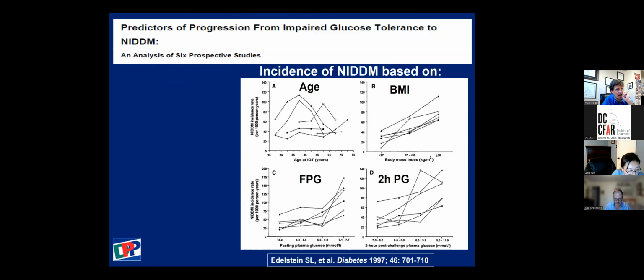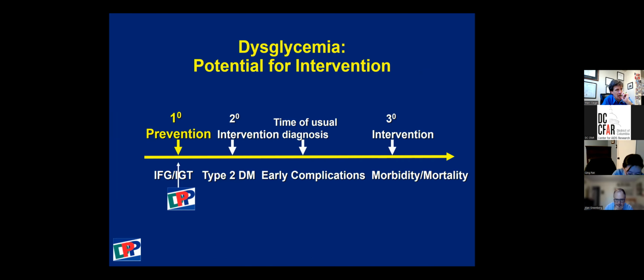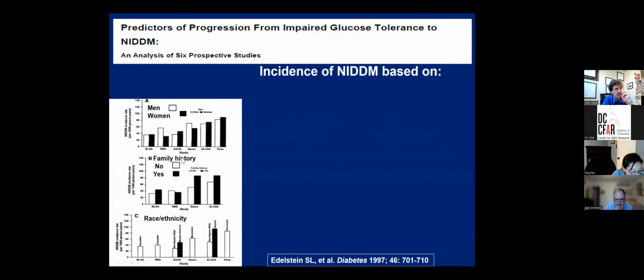And here, risk factors of diabetes, that's well known. Age, usually occurs around 50, menopause, BMI. Obesity is the number one risk factor, and fasting glucose, 2-hour glucose, plasma glucose, and for men and women, and family history and race.